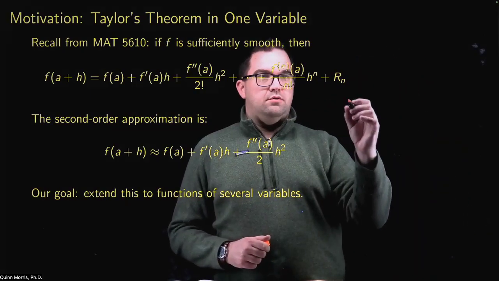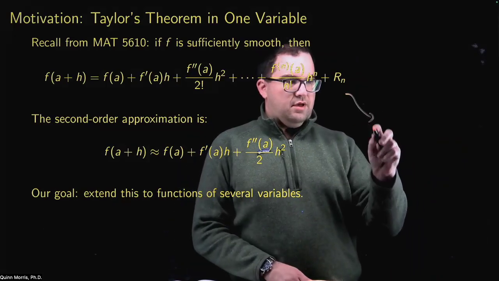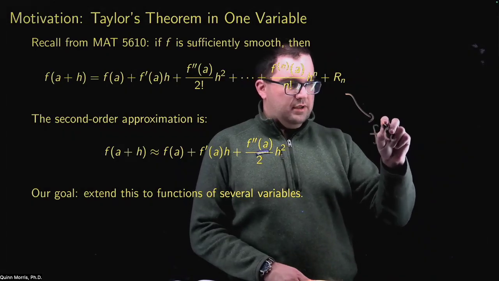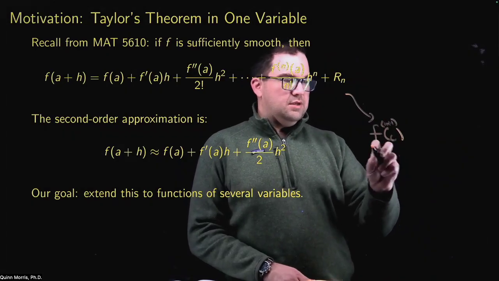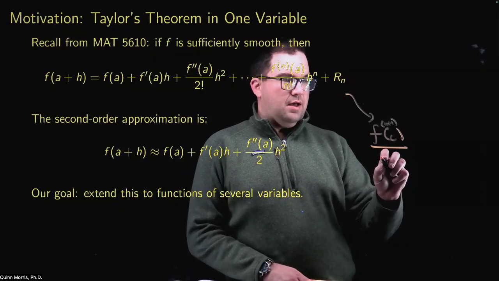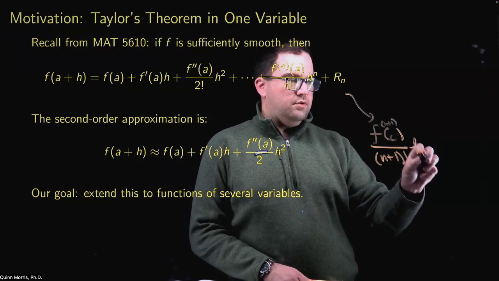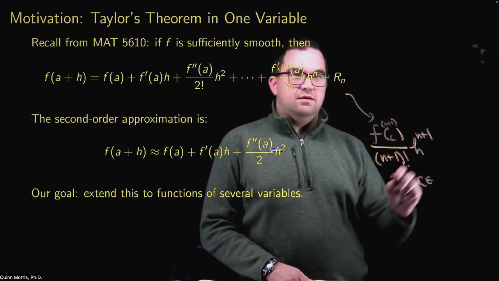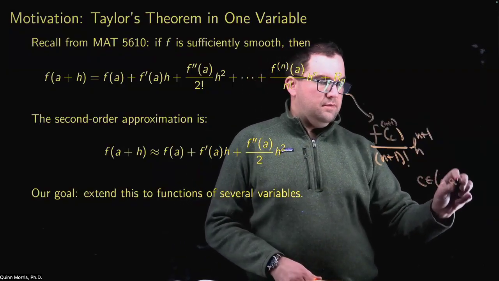One way we saw to deal with this remainder term was to simply define it as the n plus first derivative of f evaluated at some point c divided by n plus 1 factorial times h to the n plus 1, for some c between a and a plus h.